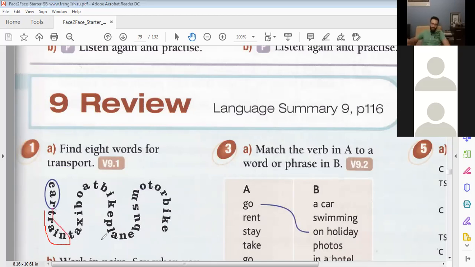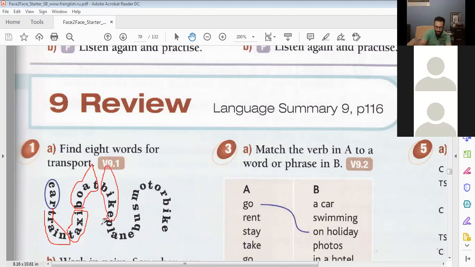Okay, after train. Taxi. Correct. Boat. Good. Boat is correct. After boat. Bike. Correct.